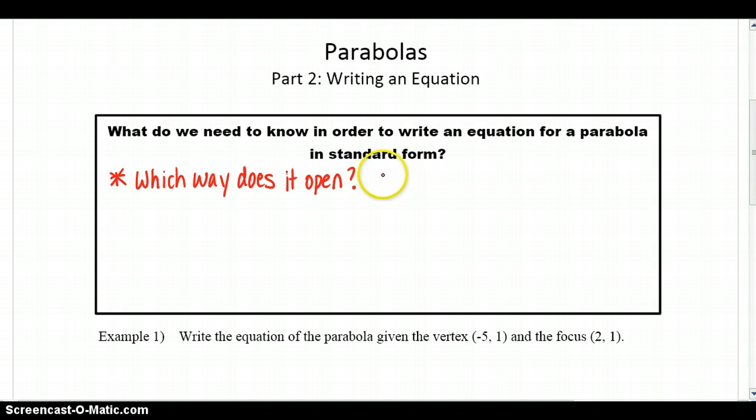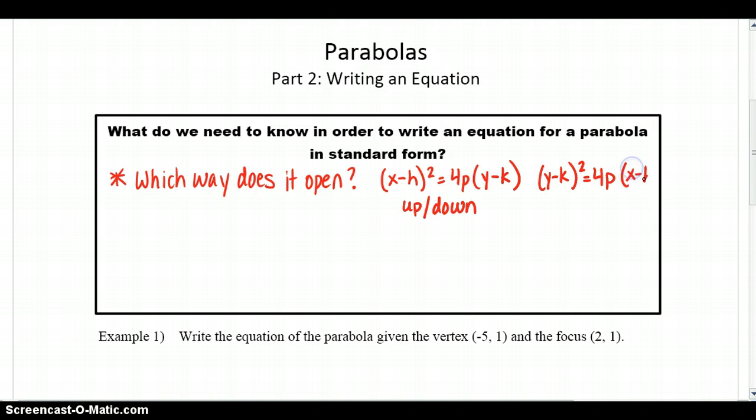We have the equation x minus h squared equals 4p times y minus k. And this is the equation we would use if it opens up or down. And then we also have y minus k squared equals 4p times x minus h.